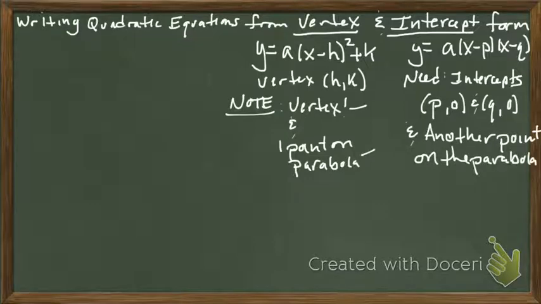So if you have your intercepts and another point on the parabola, we're going to be good to go from intercept form. Let's look at example 1.